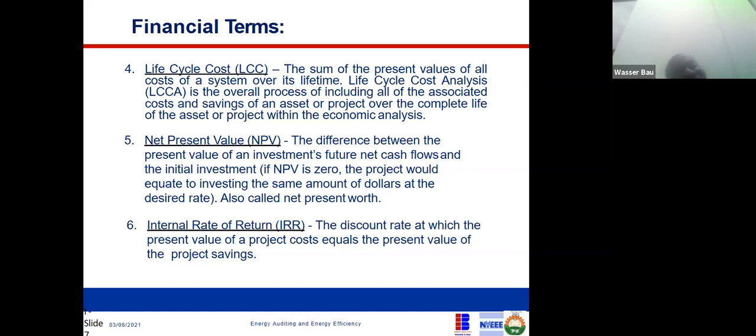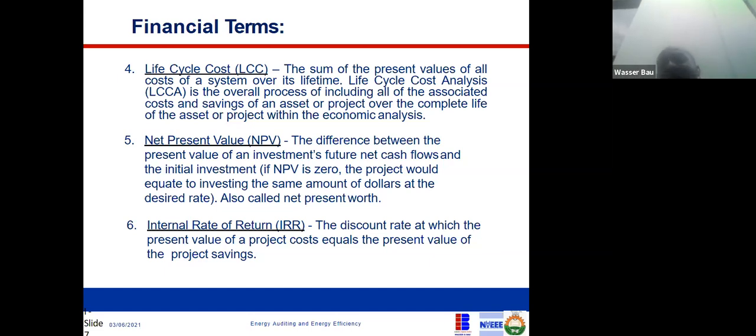Then we have the next term, which is what we call internal rate of return. We say it is a discount rate at which the present value of a project's costs equals the present value of the project savings. So the IRR is the interest rate at the point where the NPV is 0. I want you to grab this very well.